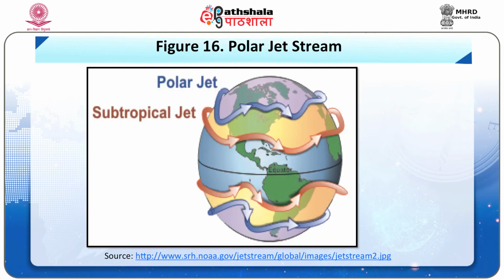Second is the subtropical jet stream. It is also known as the subtropical westerly jet stream. It occupies a position at the tropopause between the Hadley cell and the Ferrel cell at an altitudinal range of 9 to 13 km, as can be seen in figure number 15 and 16.